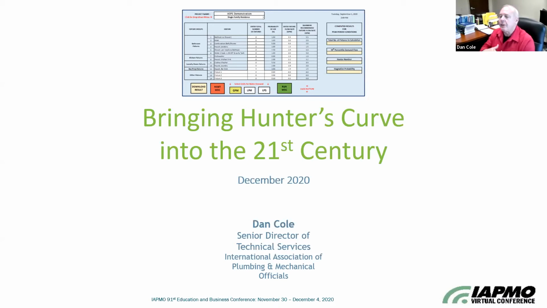He initiated the groupings of plumbing fixtures, assigning a fixture unit value to that grouping. That's all that has been done since the 1940s to modify Hunter's curve. The curve itself wasn't modified, just the fixture unit values. Even still, the estimates were being overestimated, and something more had to be done.